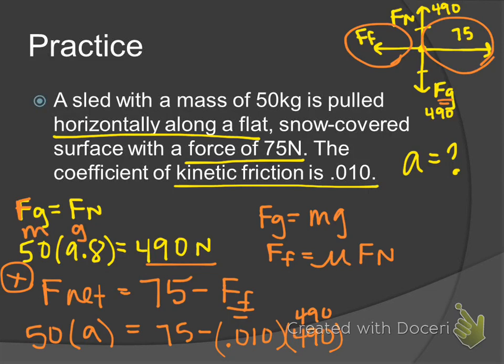Why is 490 in the negative section? We used 490 because it's the normal force. So when we solved for the frictional force right here, we take the coefficient, which is 0.010, times the normal force, which was 490. So that's where this came from.